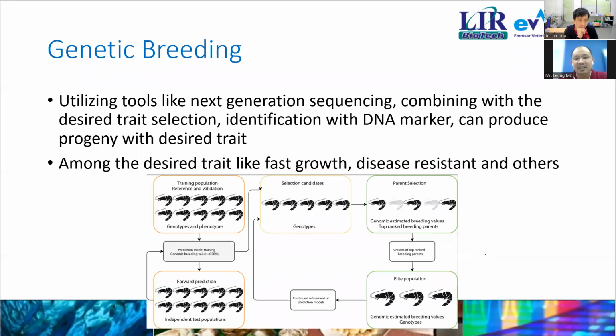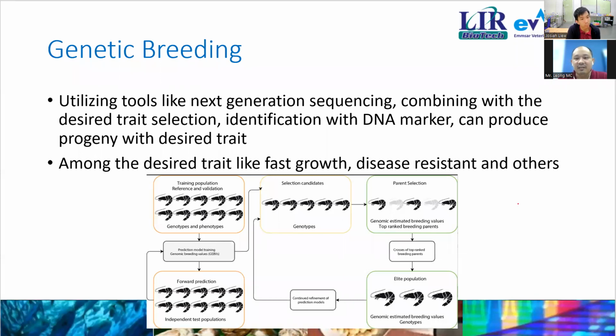The advantage here is we do not have to wait until the second generation is fully grown to prove that the trait is there. We select out the gene that is responsible for this desired trait.